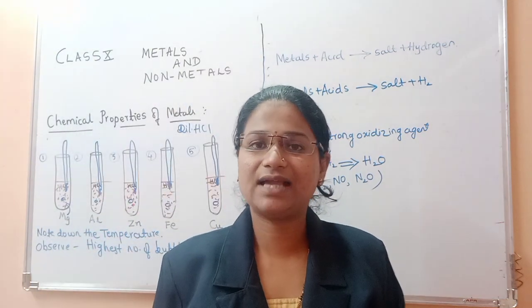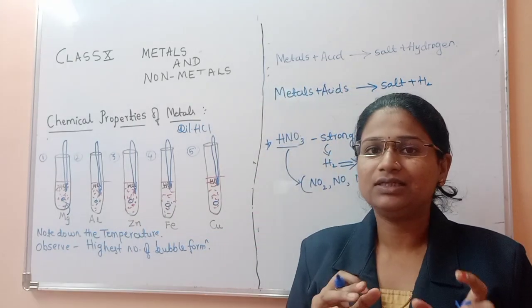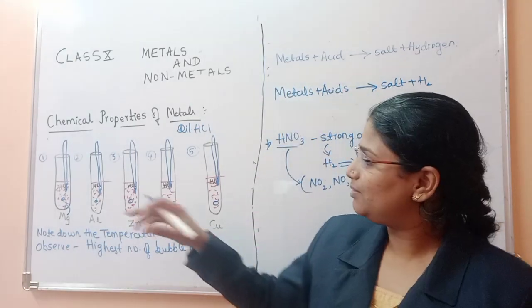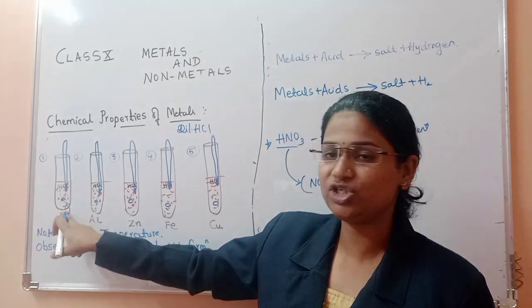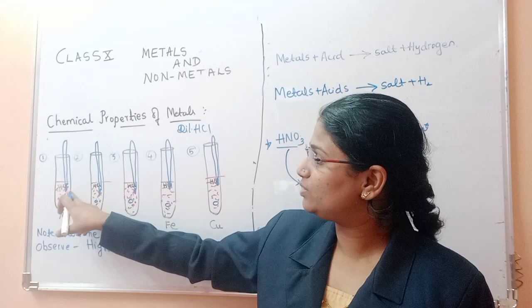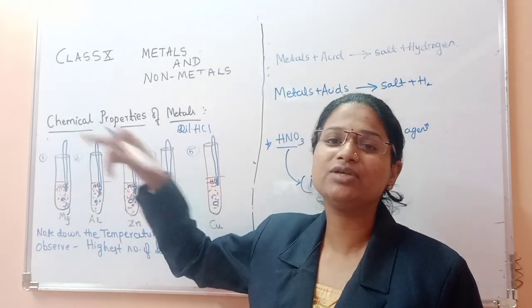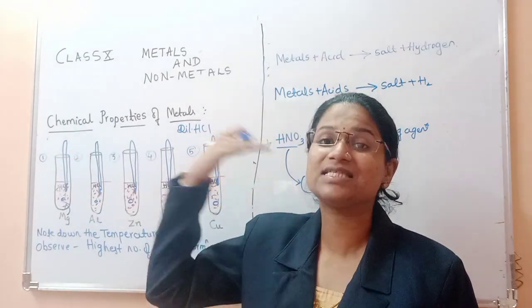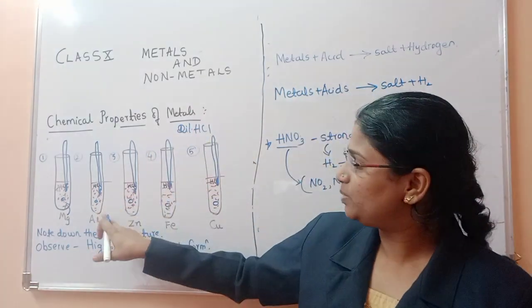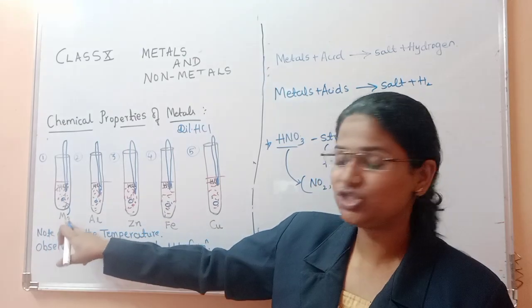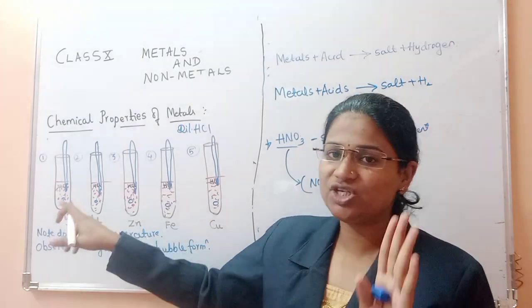After the reaction, the conclusion will be that when you touch the test tube which has magnesium, it will be very hot. When you test, the temperature will have increased drastically. Then aluminium is quite high, but magnesium is the greatest.